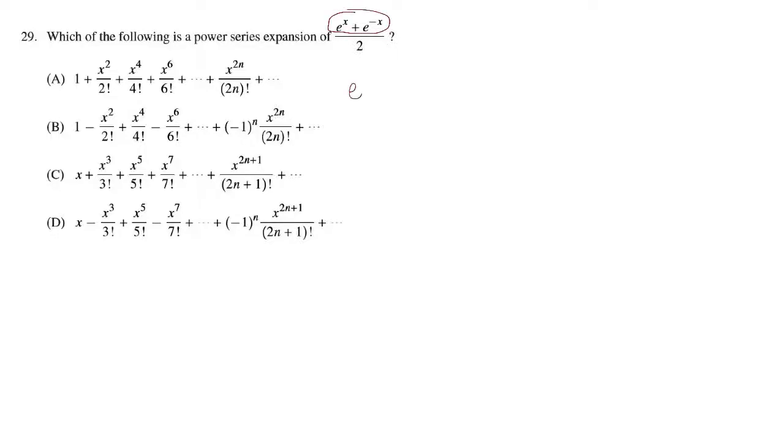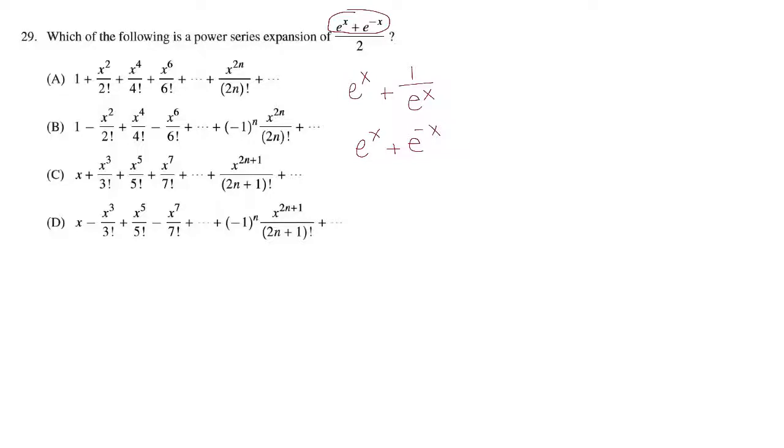So I have e to the x, plus 1 over e to the x, or I can leave it e to the x plus e to the negative x. Either one of those. And then come back after it's divided up and then divide it all by 2 and see what we get.